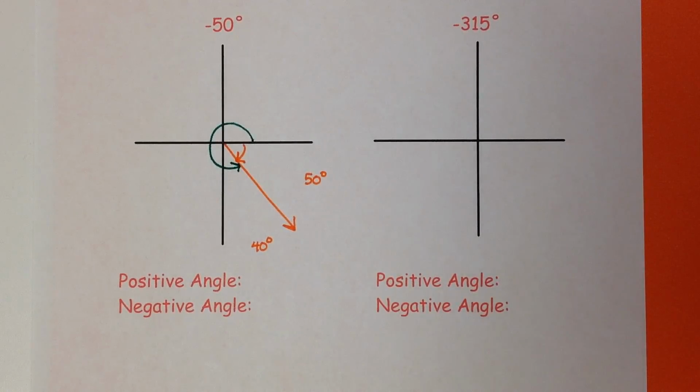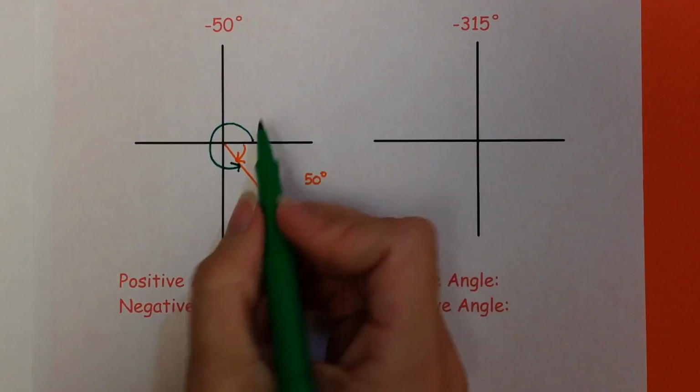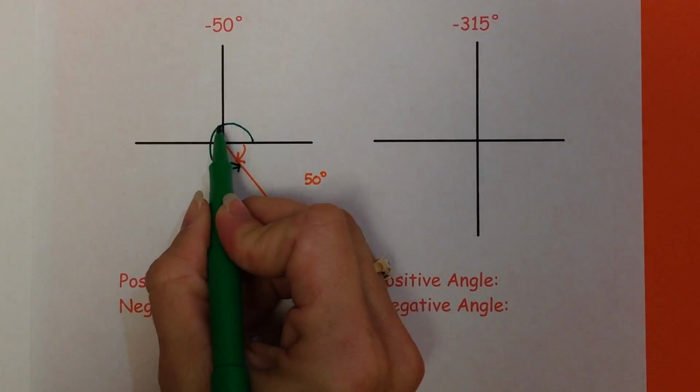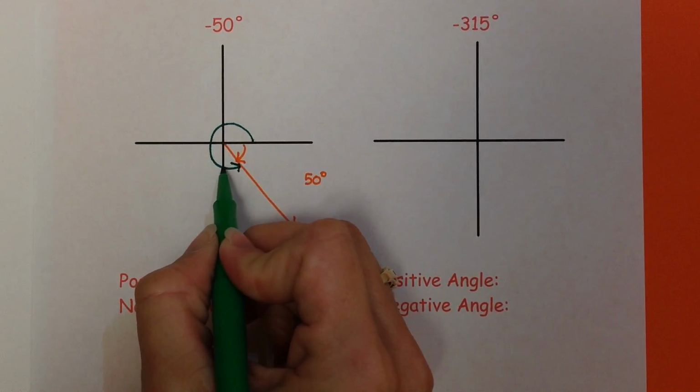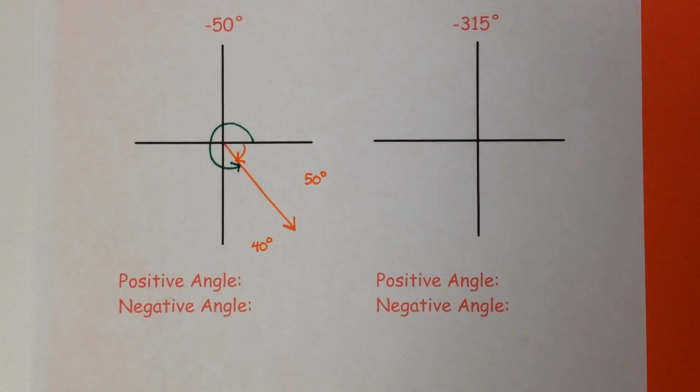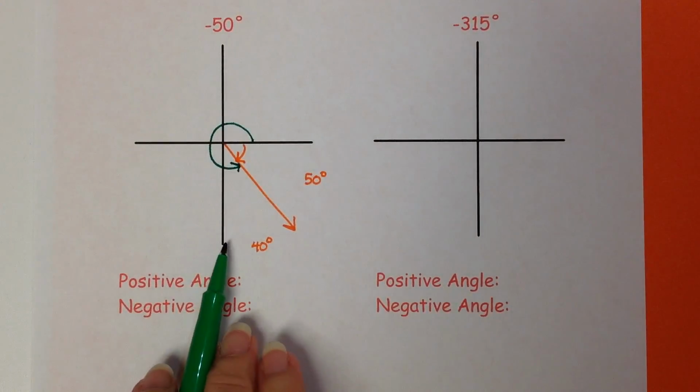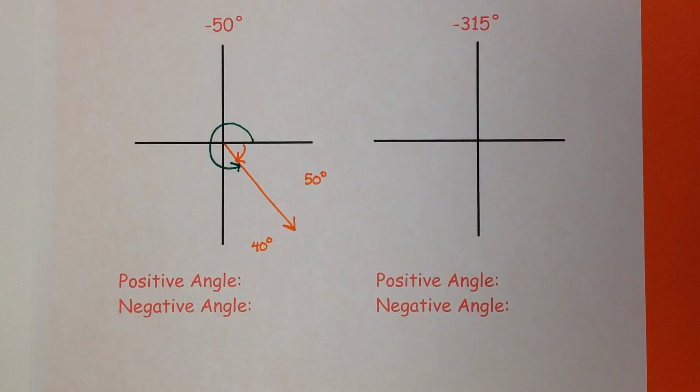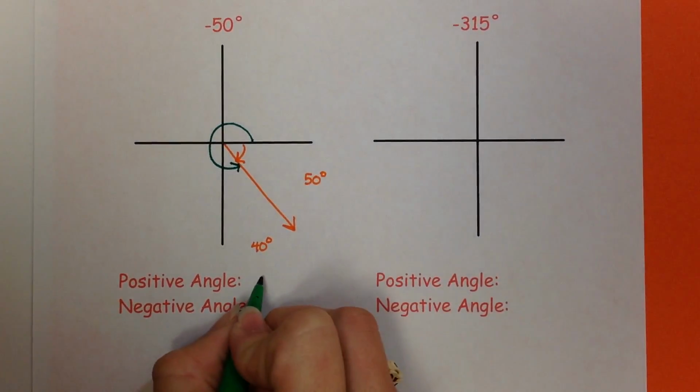So I just need to figure out how many degrees we have covered here. Of course, this is 90 degrees, another 90, another 90. So down to here will give you 270, and then you're doing the 270 plus that 40 degrees. So just simply add those together, so you end up with 310 degrees.